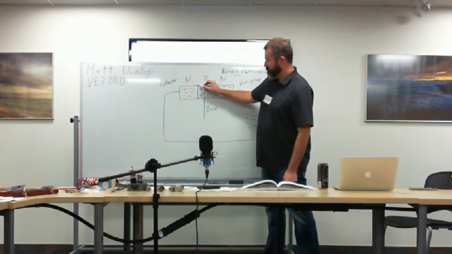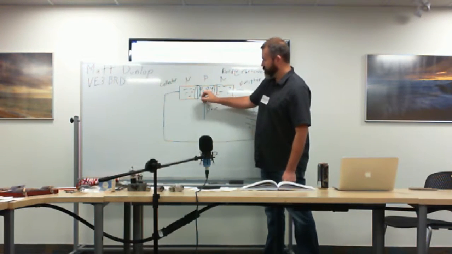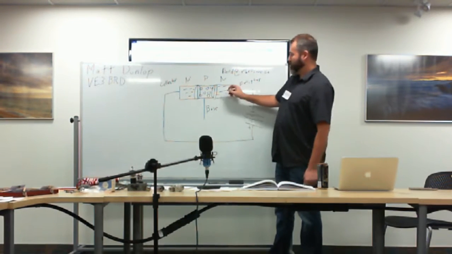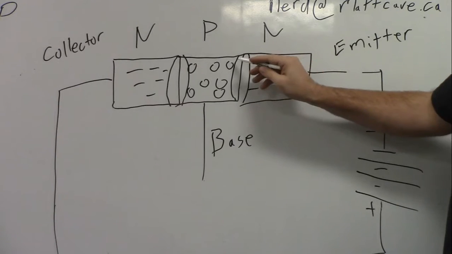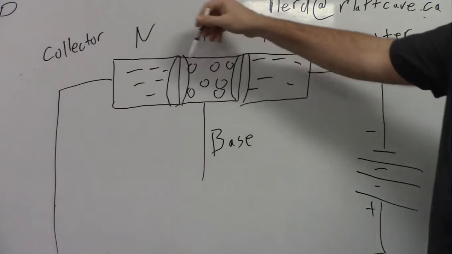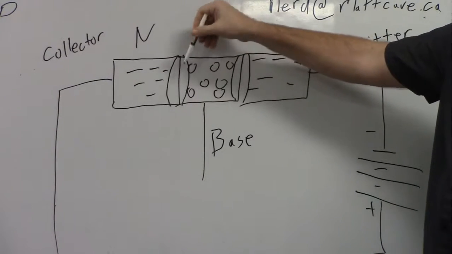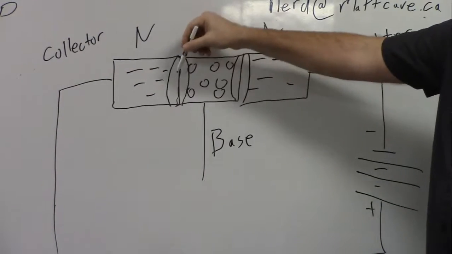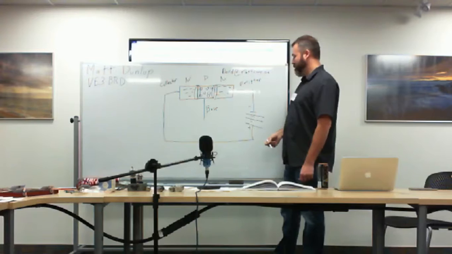A depletion zone here, a depletion zone here, just like in the PN junction, where the electrons will fill these holes in this area and will create an insulator, and these electrons here will fill the holes in this area and create an insulator, thus stopping the flow of electrons in two locations.